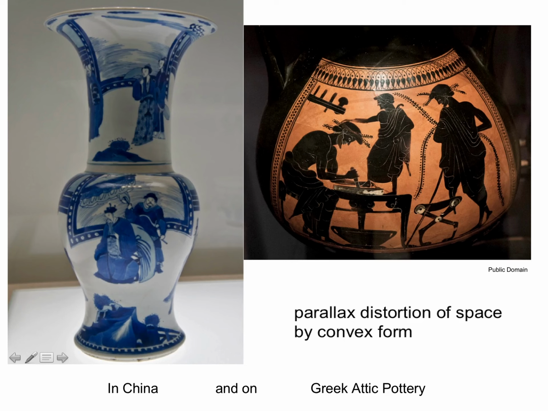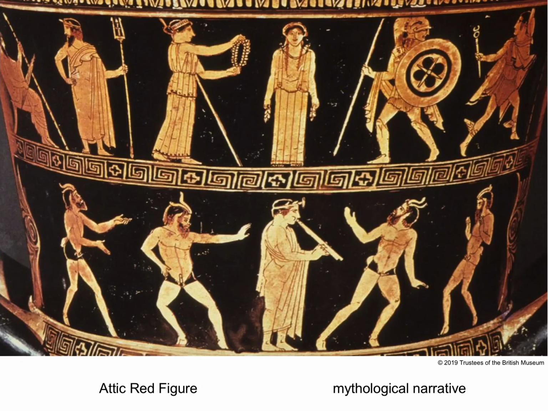We find these parallax distortions of space by convex form in China, as in the example on the left, and of course very often and commonly on Attic Greek pottery, as well as on other cultural ceramics that we will see later on. So on Greek Attic pottery, the narrative is often mythological.